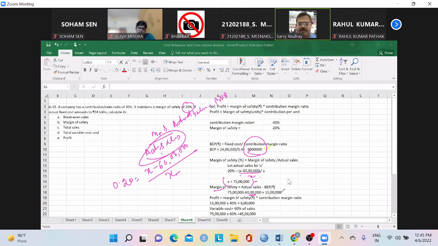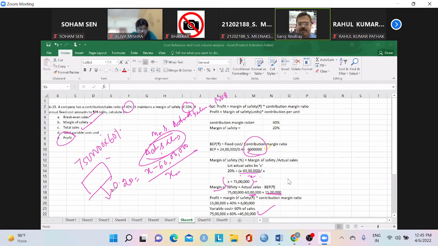Right? So you got this, you got this, you got this. Total variable cost is 60% of your actual sales, because contribution margin is 40%. That is your variable cost. For profit, I said in margin of safety, whatever contribution you get, that is your profit, because there is no fixed cost.